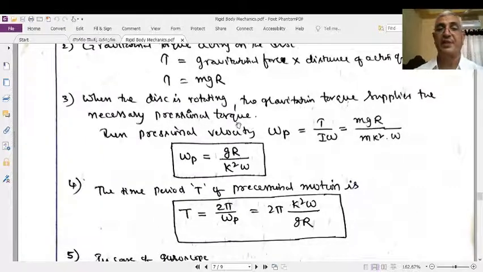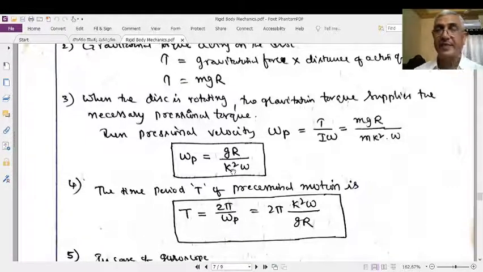Therefore, the precessional torque is nothing but the gravitational torque, and the precessional velocity omega p, as derived in the spinning torque, is tau by I omega. Tau means mgR, and I means mk square, times omega. The m will cancel. Now the precessional velocity of the gyroscope, omega p, is equal to gR by k square omega. What is g? Acceleration due to gravity. What is R? Radius of the earth. What is k?